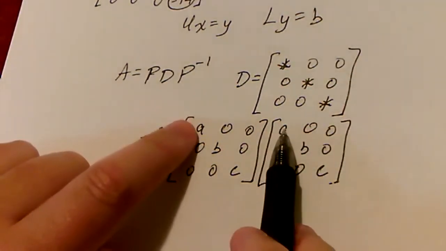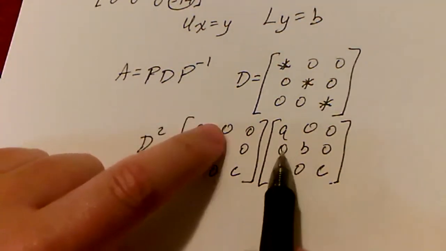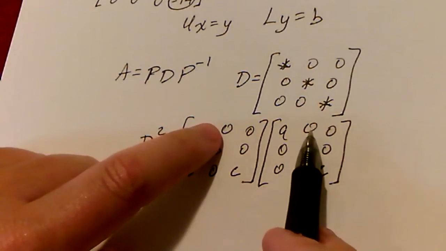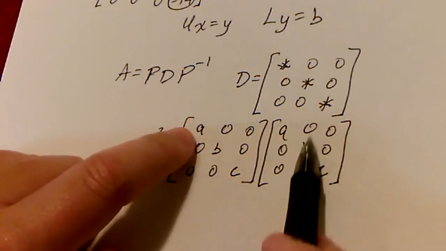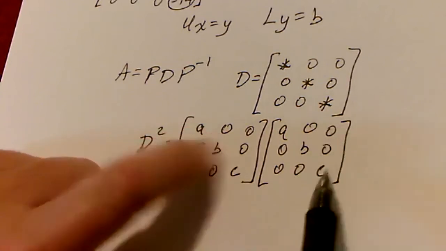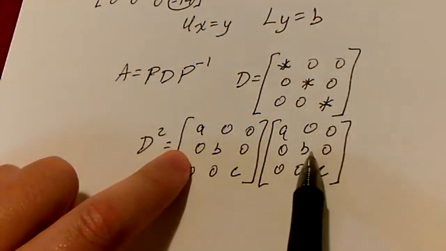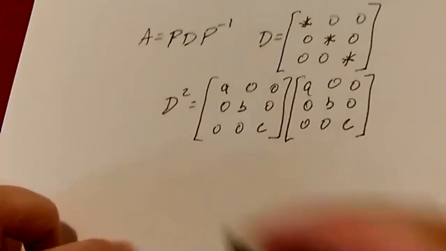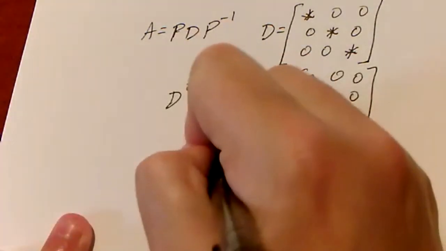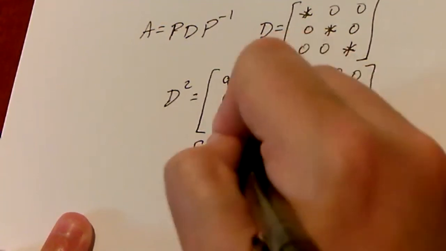So when I go row by row and column by column, I get A times A is A squared, 0 and 0. Next row, I get 0, 0, 0, and 0. Third column, 0, 0, and 0. Okay, in the second row, I'm only going to wind up multiplying B squared here. So the thing to notice is that when I multiply a diagonal matrix by itself, I just wind up squaring those diagonal entries.